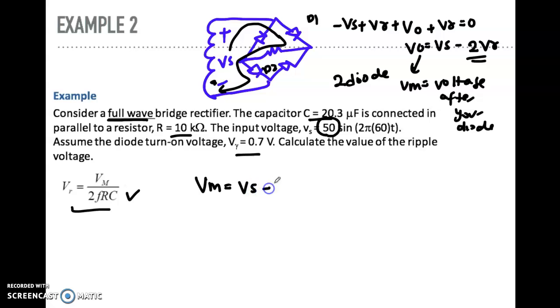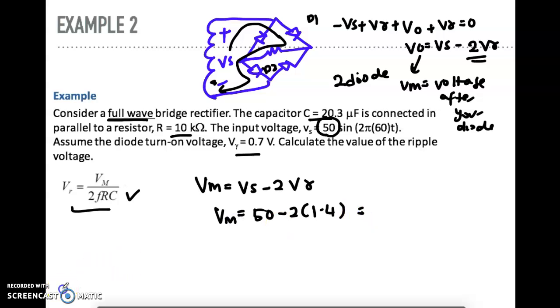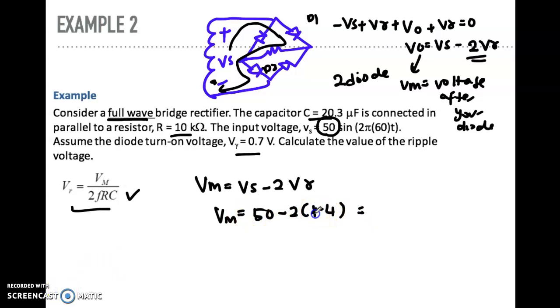Yes, Vs minus 2 V gamma. Your Vs, you need to only take the peak. Sorry, just now, your V gamma here is 0.7, so you can get here 50 minus 1.4. So you can get here 48.6 volt.